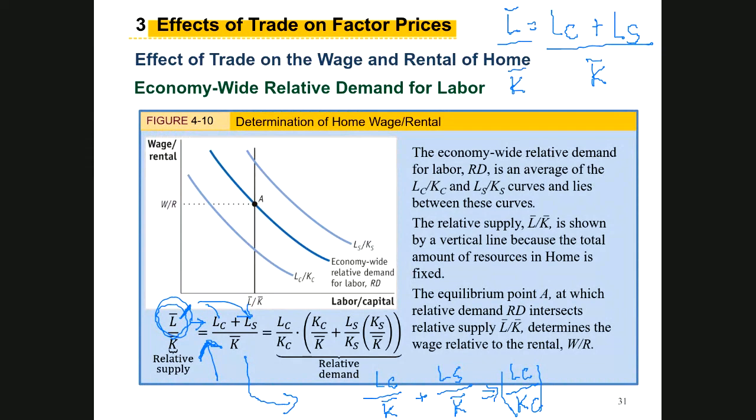But by doing so, I need to put another term in the numerator as well. So this will remain the first term I have. Secondly, LS over KS, KS over K bar. That's how we get the second equal sign.